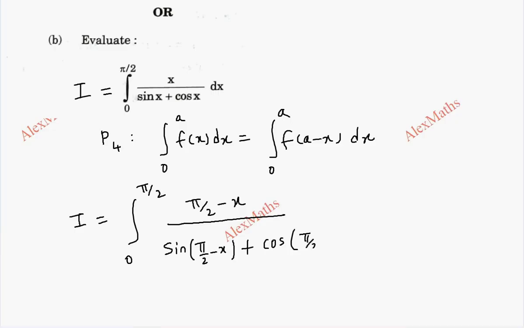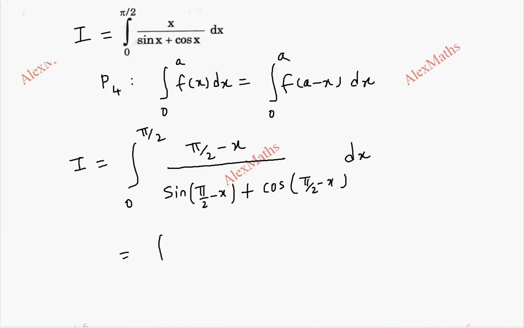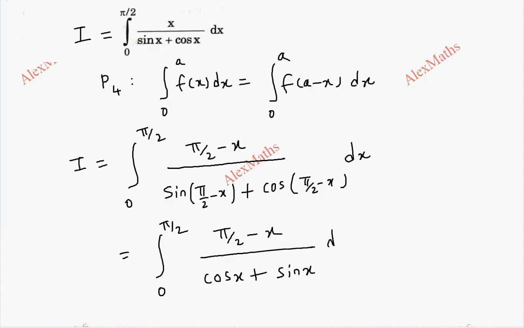sin(π/2 − x) + cos(π/2 − x) dx. Now this becomes the integral from 0 to π/2 of (π/2 − x) divided by, sin(π/2 − x) becomes cos x, and cos(π/2 − x) becomes sin x, dx.